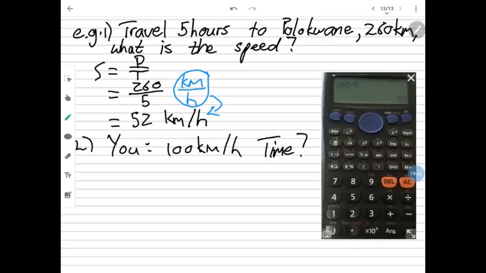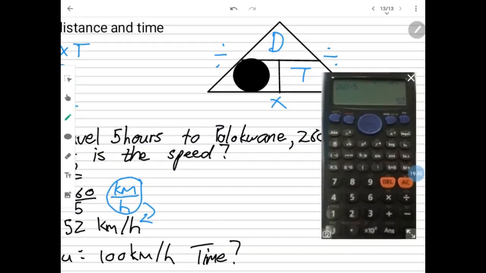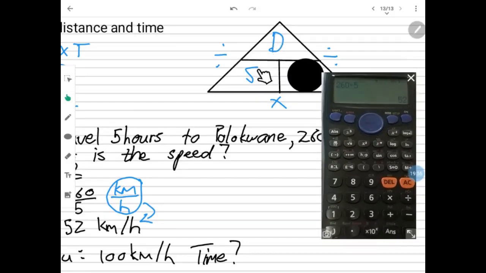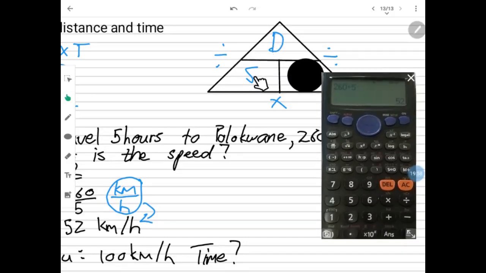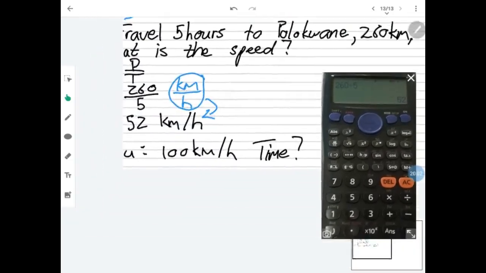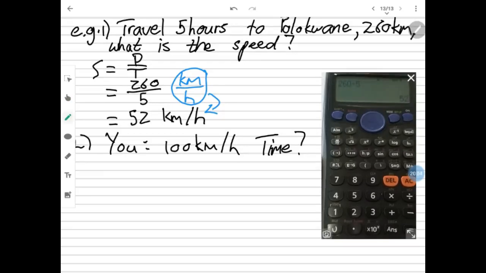So if we're going back up there to the triangle, we're looking for time now. So you cover time and see that your formula says you have distance divided by speed. That's your formula now. Time equals distance divided by speed. Let's write that down.